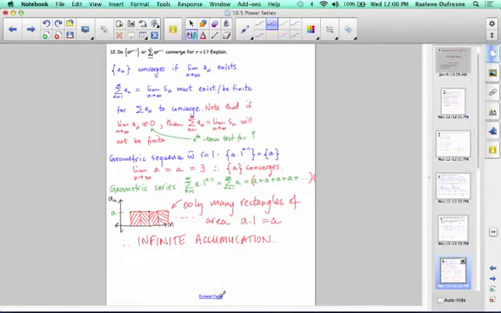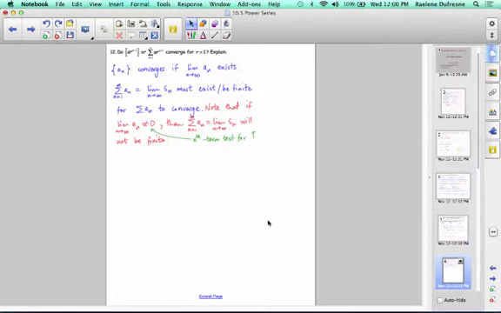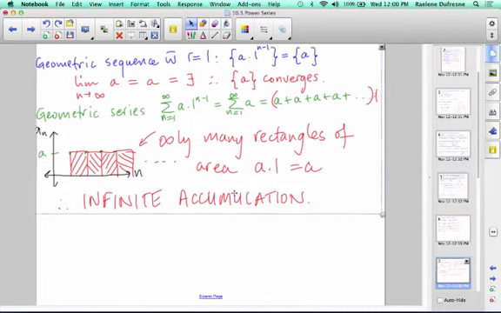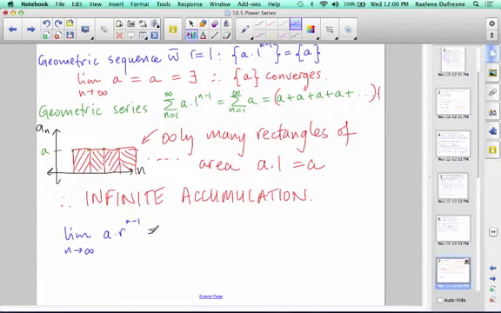In other words, we could say, and I think I'm going to pick all this up, copy it and cut it, and put it on the next page. And so what we can also say is that the limit as n approaches infinity of a times r to the n minus 1 will equal the limit as n approaches infinity of a when r equals 1, which is equal to the limit of a, which does not equal 0 unless the first term is 0.